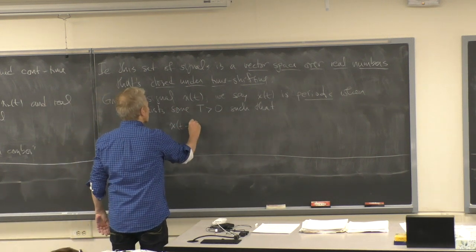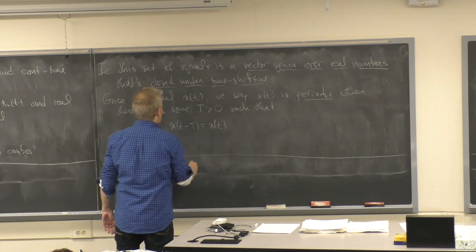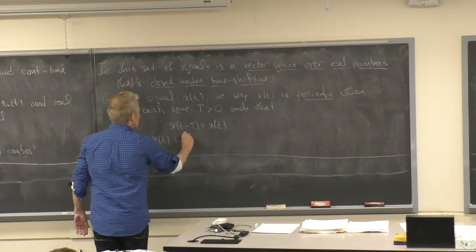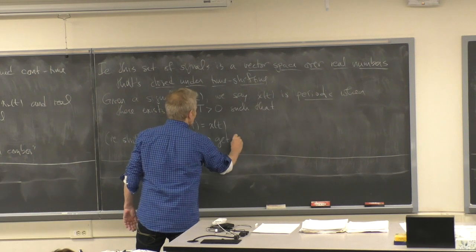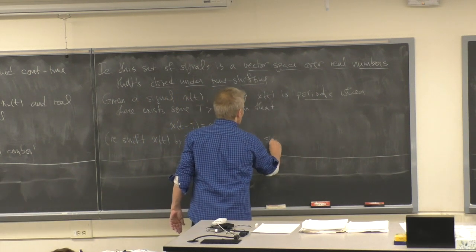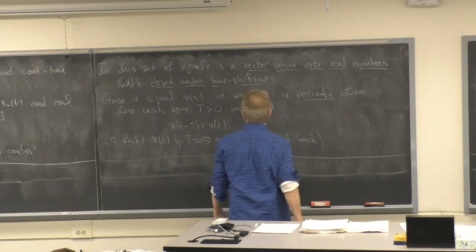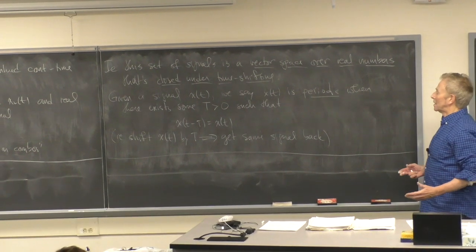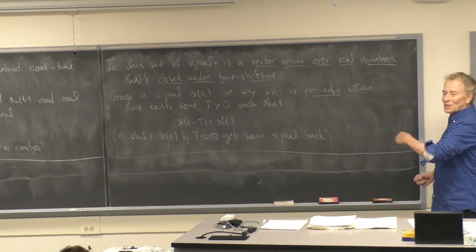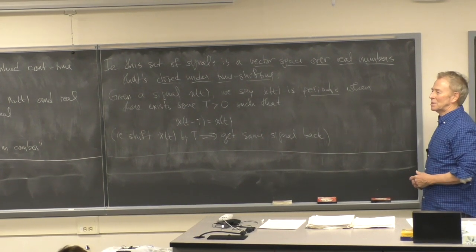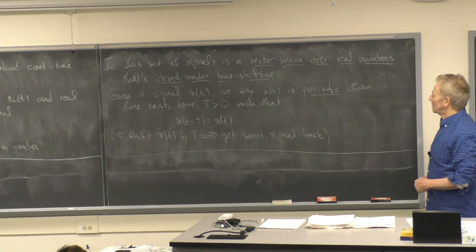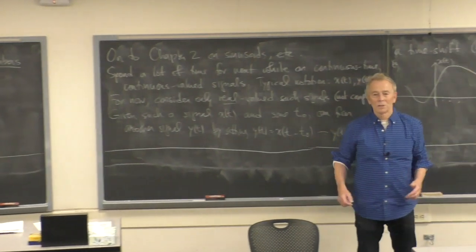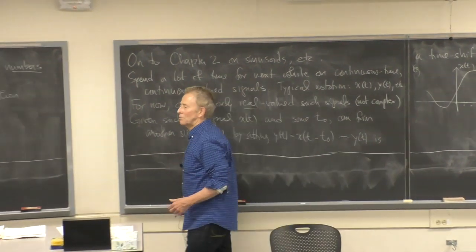So x of t minus T equals x of t. That is to say, shift x of t by T and you get the same x of t back. So the periodic signals are the ones that are fixed points of some time shift operator for a positive T, if you want to talk mathematically. Now, by this definition, how about the signal x of t equals 3 for all t? Is that periodic by this definition?